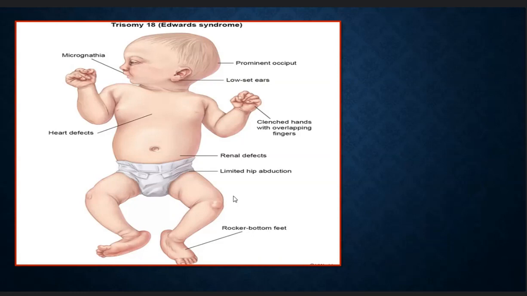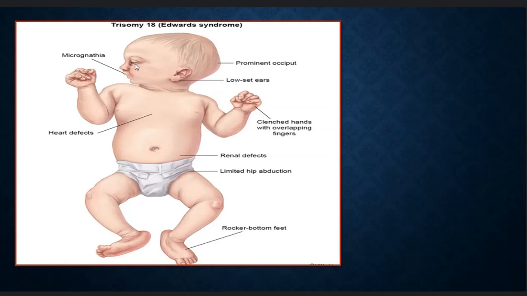The head, again, is small, so we have microcephaly. Going to the forehead, we have a prominent forehead. And going to the nose, we have an upturned nose. The eyes may be of normal size, but there is hypertelorism. There is an upslanting in Down syndrome, but here there is a down slanting.